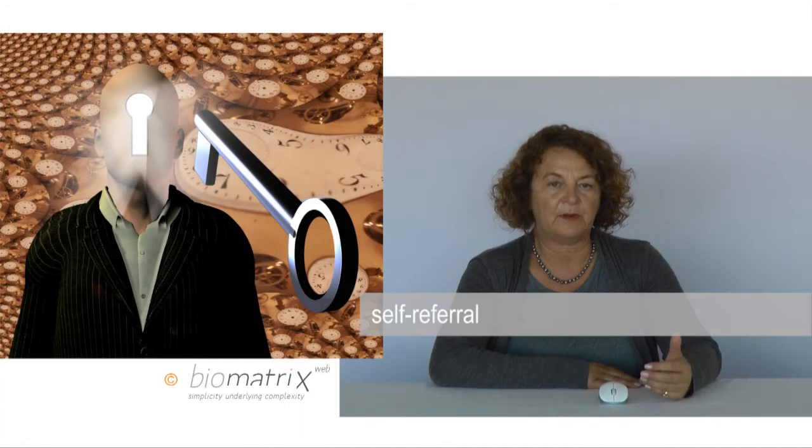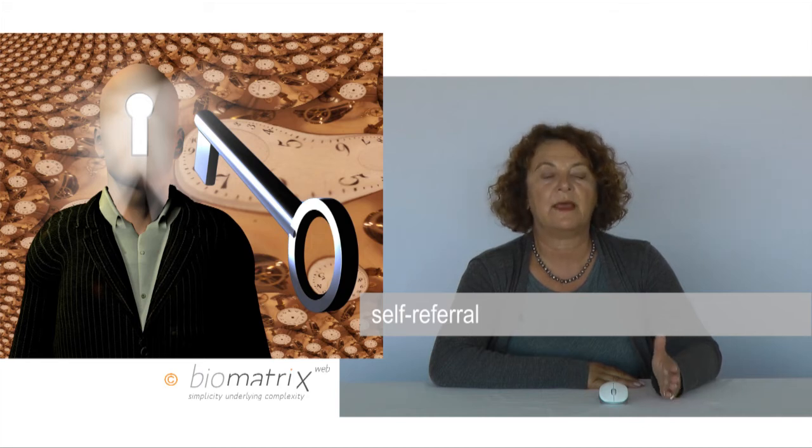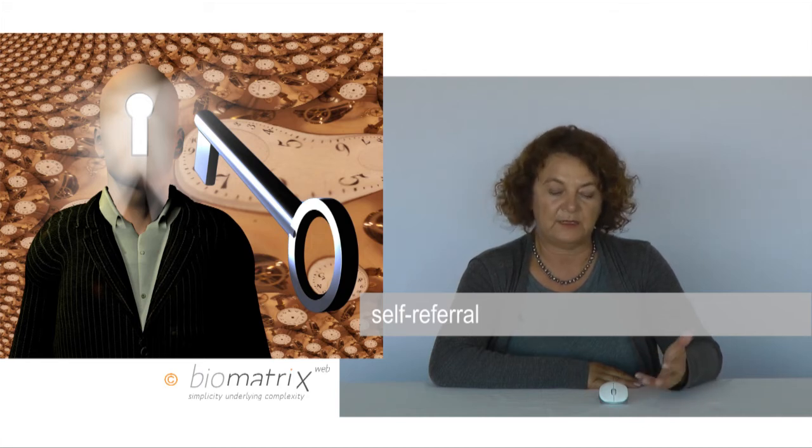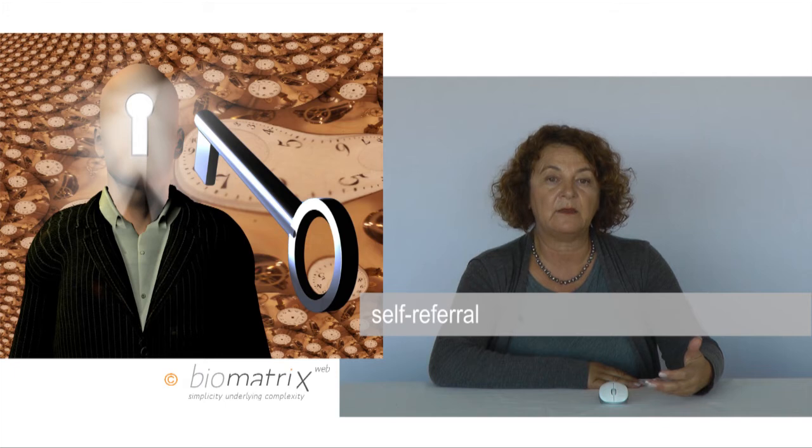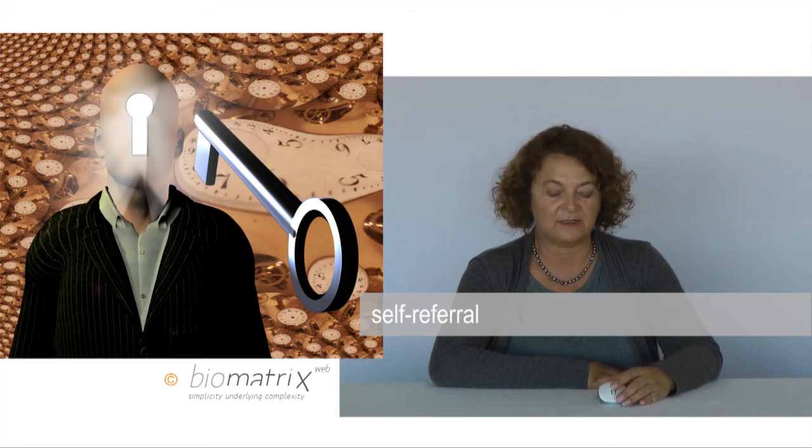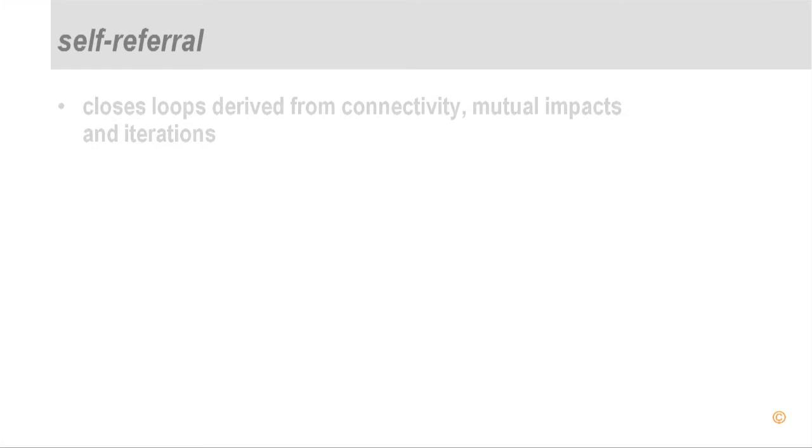So, for example, if I'm teaching systems thinking, you as the learner will have to reflect what I teach against your own values, your own worldview and beliefs, and then make a decision if what I'm saying makes sense for you or not. So self-referral closes loops from connectivity, so it closes the loop between you and me.